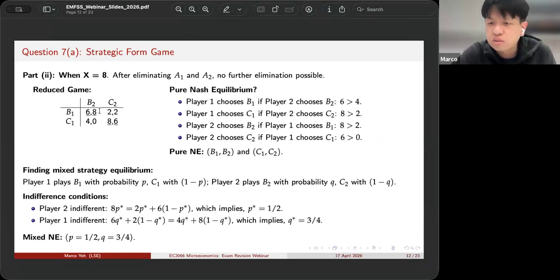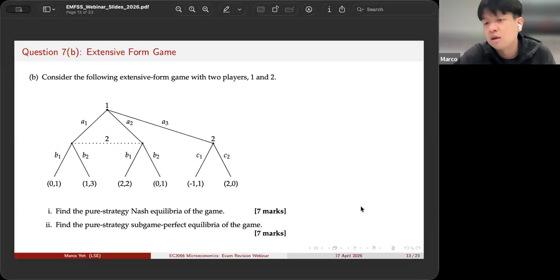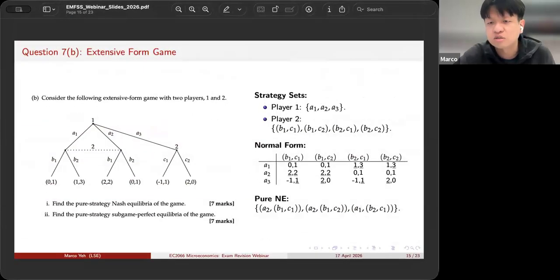If player 1 chooses B1, I don't really understand this question. I'm sorry. Check the solution from the lecture again, and hopefully you will see. And if you have any doubt, ask your class teacher, please.